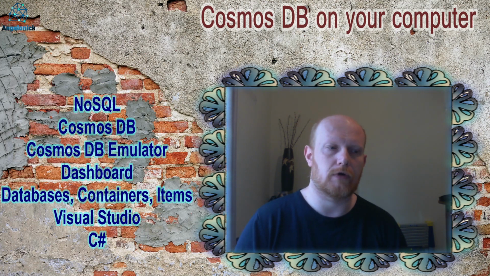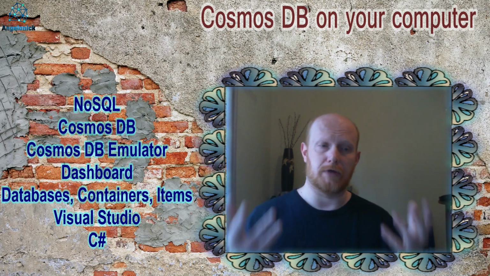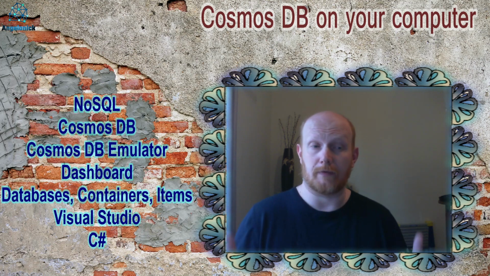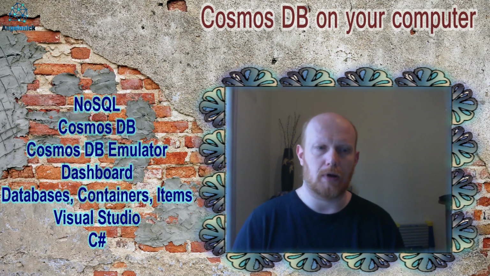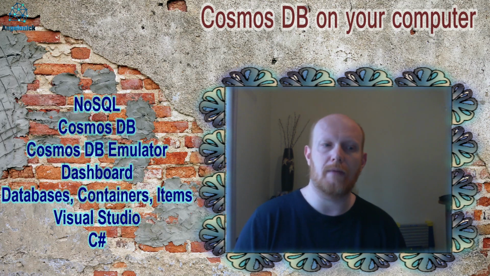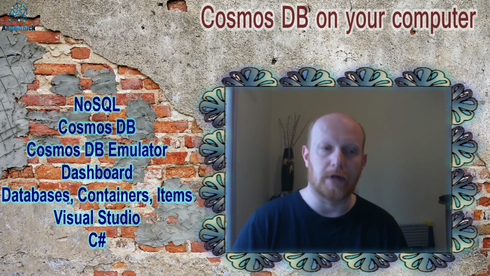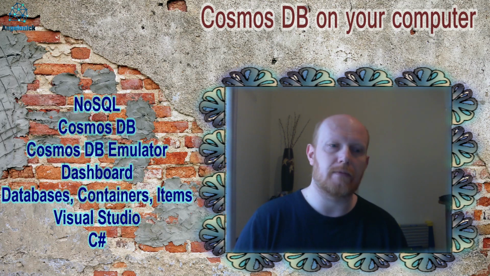Okay, Cosmos DB can also be stored on your computer. If you are a developer, entry level or middle level, and you have a project, you can debug and test everything locally. So the Cosmos DB Emulator can be installed on your computer, and it is equivalent to Docker Desktop.